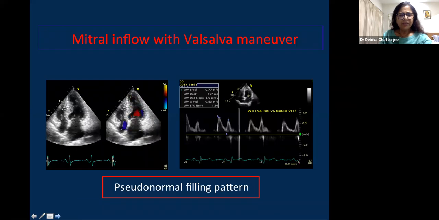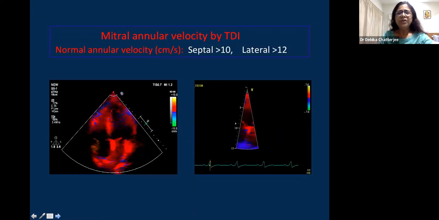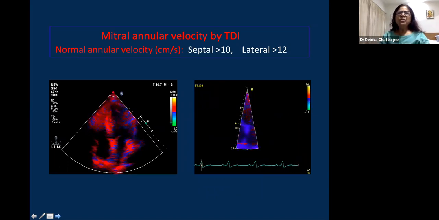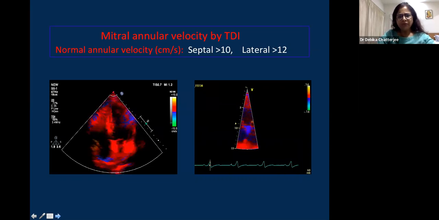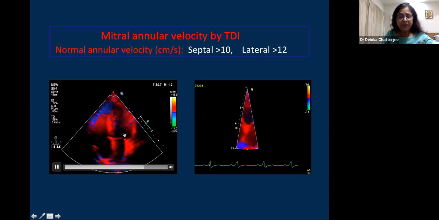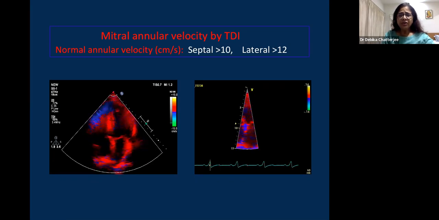Besides the Valsalva maneuver, we can also differentiate with tissue Doppler imaging. So what is tissue Doppler imaging? So long we were measuring the velocity of blood flow, keeping the sample volume at the level of the tip of the mitral valve leaflets. But this time we are going to measure the velocity of the tissue. Which tissue?